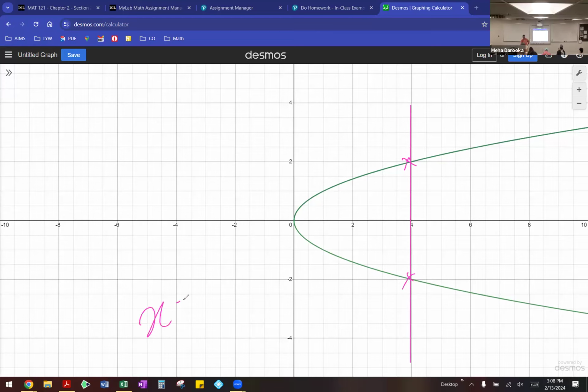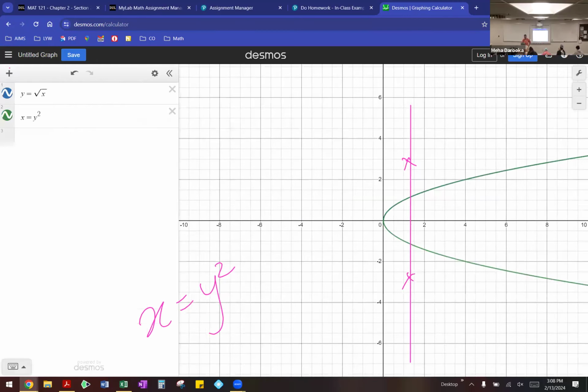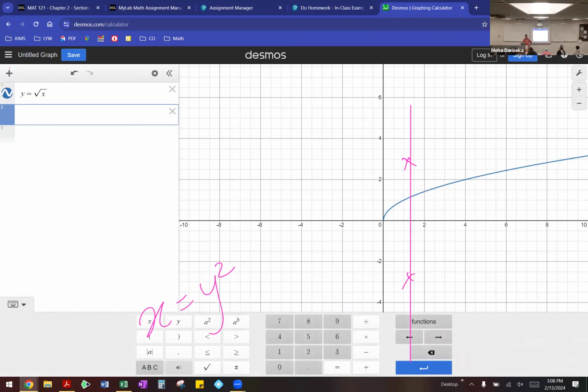This function in green is the x equals y squared function. It's a relation, but not a function. If I remove that second graph, yes, I do have a function now because I'm only seeing one arm. The original function is x equals y squared, but what you are seeing is 1/2 of that.